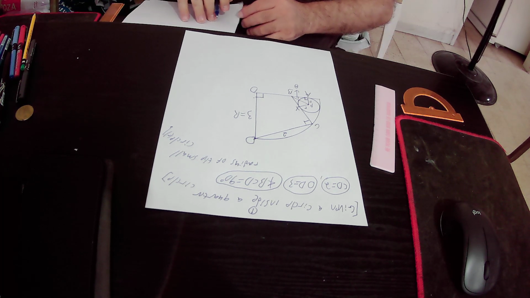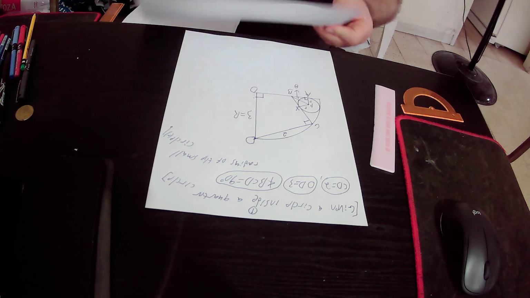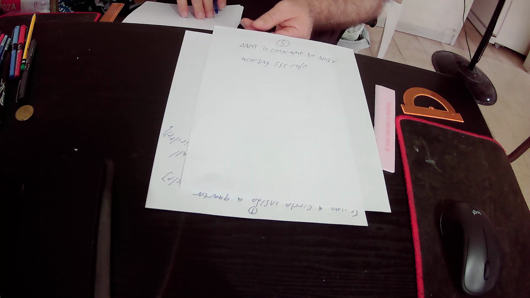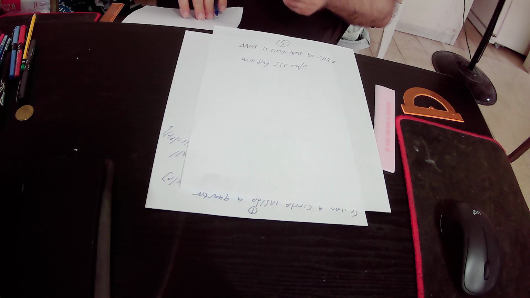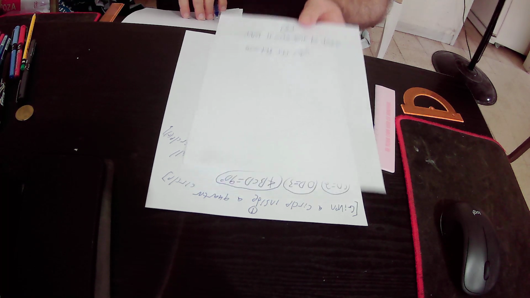Okay, so I will read again the things that I wrote. Triangle APB is congruent to triangle PBX according to the side rule.